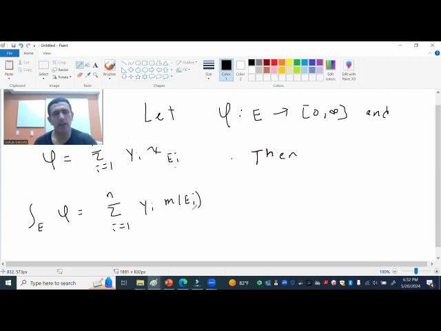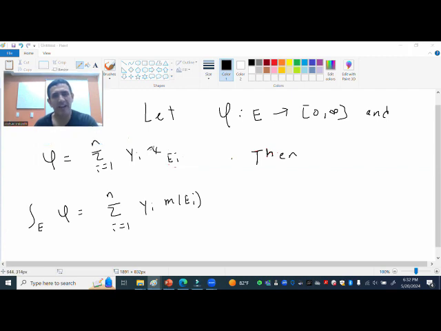So we get this fact regardless of whether this is a canonical decomposition of my simple function varphi, and regardless of whether the Ei's partition E. Here we're just assuming the yi's, as they have to be, are non-negative, and the Ei's are a subset of E, and they're measurable. Okay? So just something to keep in the back of your mind.